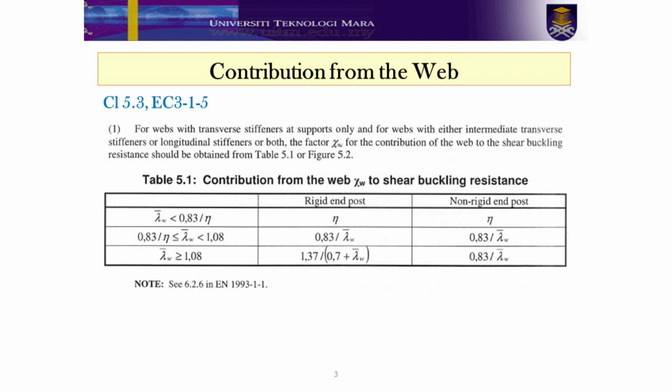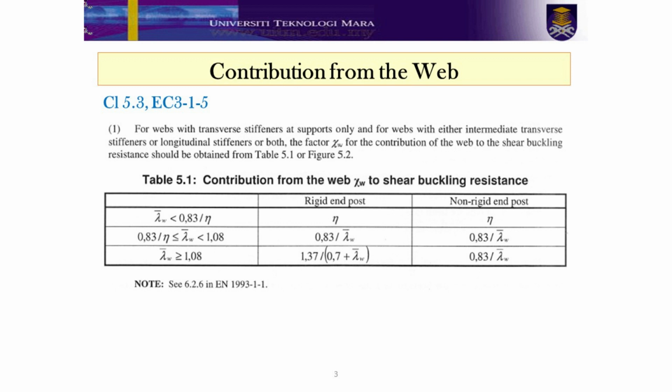Okay, so there are two conditions in table 5.1, as you can see. The first one is the rigid end post and the second one is the non-rigid end post. In our case, we are designing the non-rigid end post.